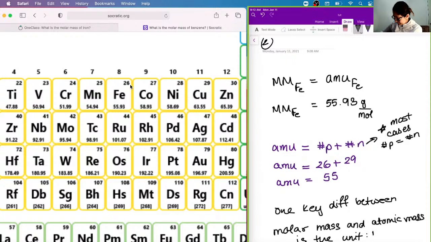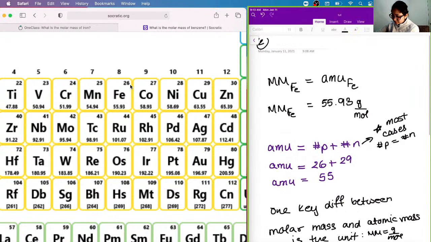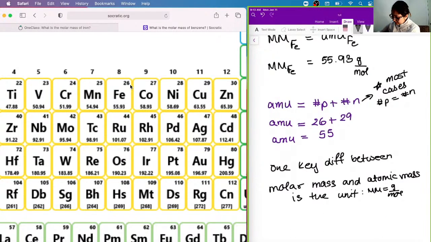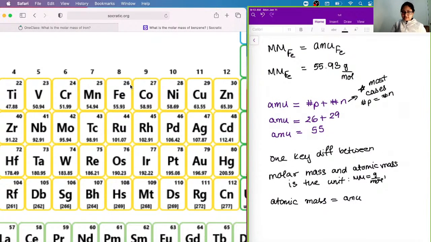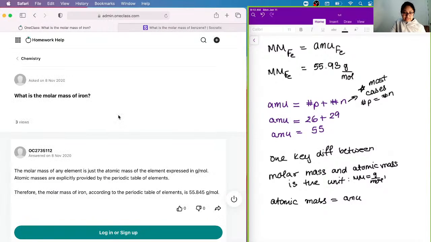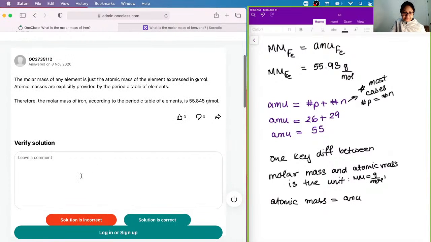So for molar mass, you know, this is grams per mole, right? And for atomic mass unit, we know that this is atomic mass unit. We write this as AMU, right? So that's the only key difference. Okay? And so basically this is correct.